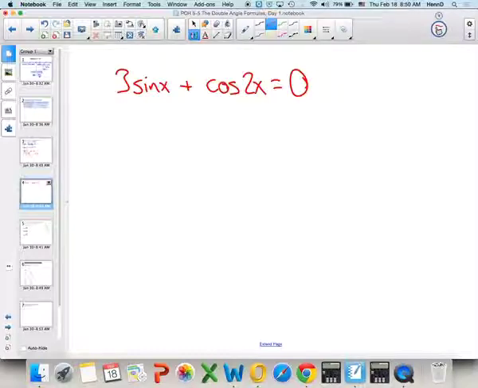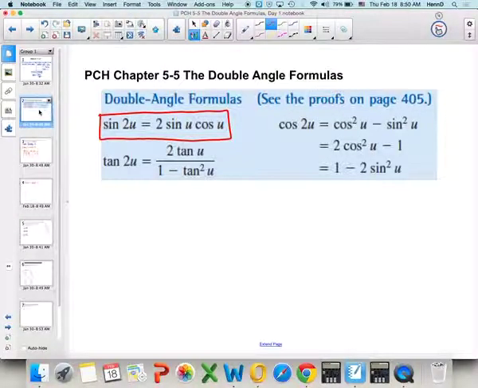Now I want you to think here. We want to use the one that's sine. We've got 3 different options for cosine of 2x. We could make it cosine squared minus sine squared, we could make it 2 cosine squared minus 1, or we could make it 1 minus 2 sine squared.